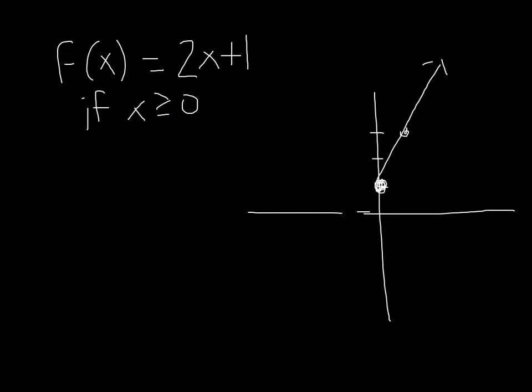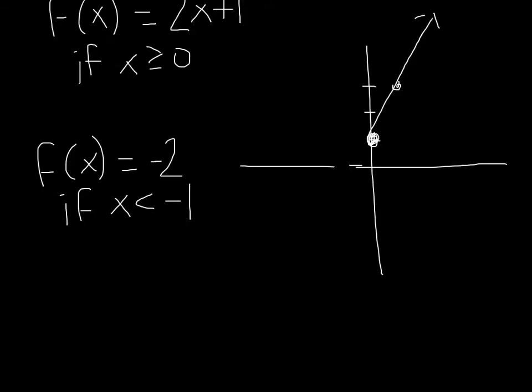Then we're going to do the second part of this Frankenstein function. And it was f of x is equal to negative 2. And we know that is only true, if we look back at the original problem, if x is less than negative 1. And we know that this function is a horizontal line at negative 2, so we draw a horizontal line at negative 2.